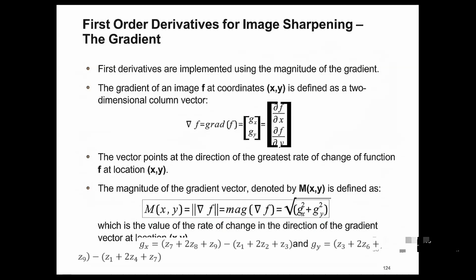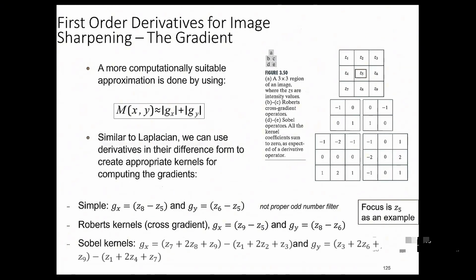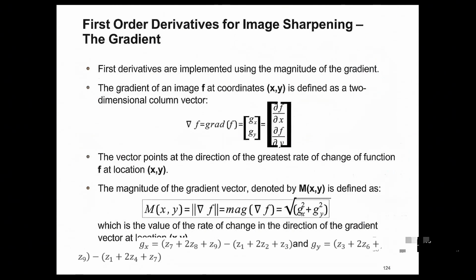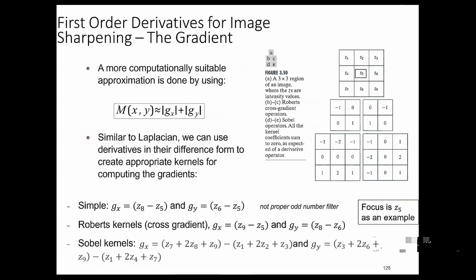Now, based on gx and gy, which are the gradients along the x-axis and y-axis, there are around 3 filters. One is the simple one, which we already discussed. For example, let's say this is the image, z5. I can subtract these two, which is the forward derivative. So I can subtract these two along the x-axis and these two along the y-axis.